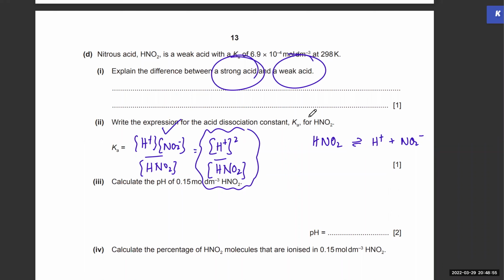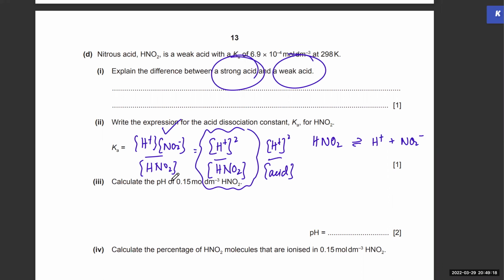But he was specifically asking for the expression for HNO2, so you have to bring in the NO2-. But even the shorter one is H+ squared divided by the acid concentration, right? But these are just used for mathematical calculation. Because he's looking for the expression, this is the expression.